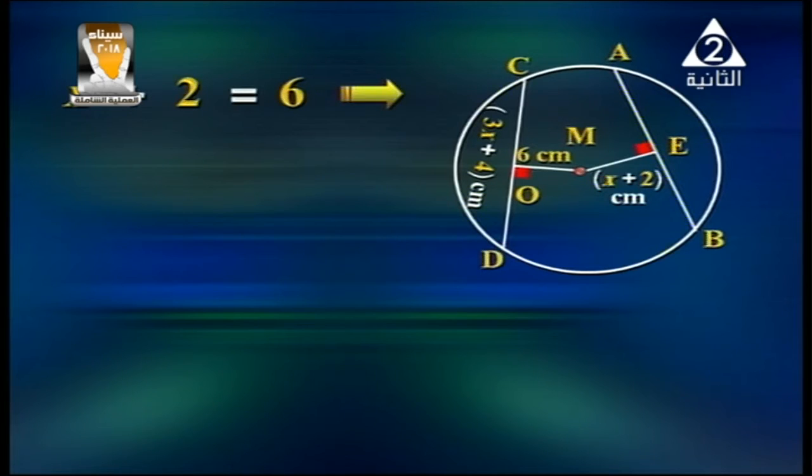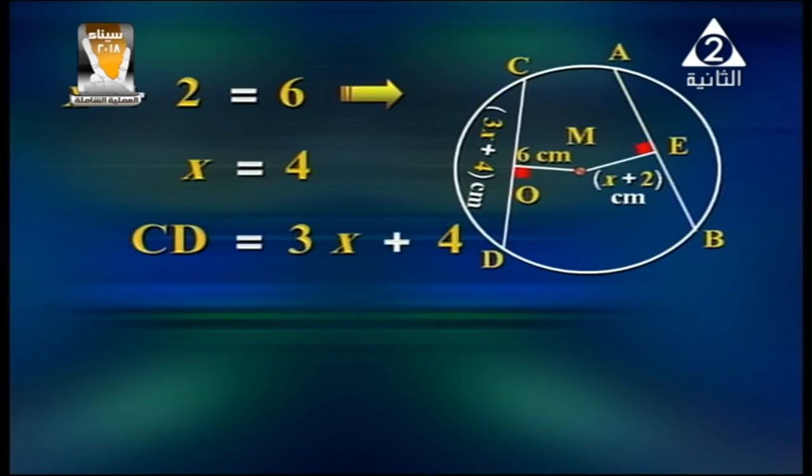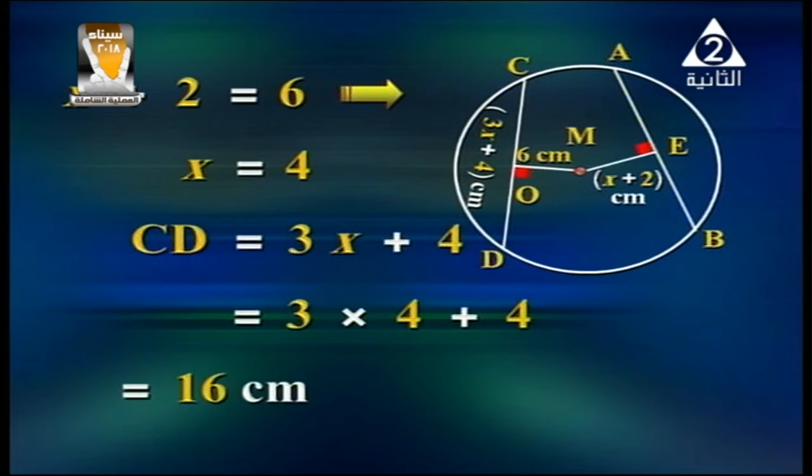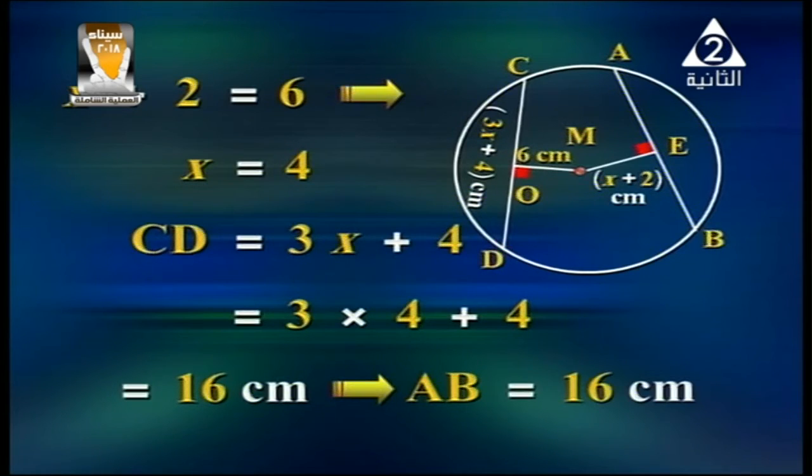And in this case, we can find the value of X as 4. So to find the length of CD, it is 3X plus 4. So it is 3 multiplied by 4 plus 4, which is equal to 16 centimeters. And as AB equals CD, so we can say that AB also equals 16 centimeters.